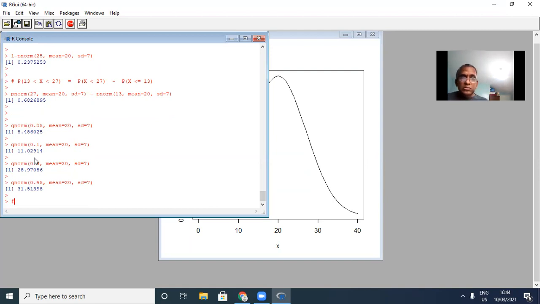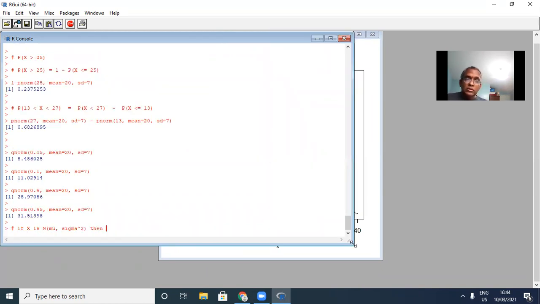I don't know if I taught you this in the class. If I did not, let me write this. If you have a variable X that is normally distributed with parameters mu and sigma squared, then the quantile function of X is the same as the following: mu plus sigma times the quantile function of the standard normal.